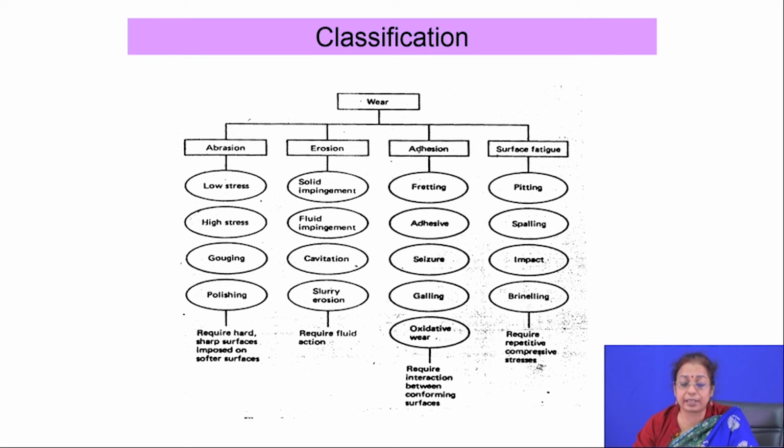Usually you will find that in all kinds of wear, abrasive, adhesive and surface fatigue, the wear rate is related to the hardness of the surface. The higher the hardness of the surface, the lower the wear rate. Wear will be proportional to the applied load, inversely proportional to the hardness of the surface, and also proportional to the sliding distance.